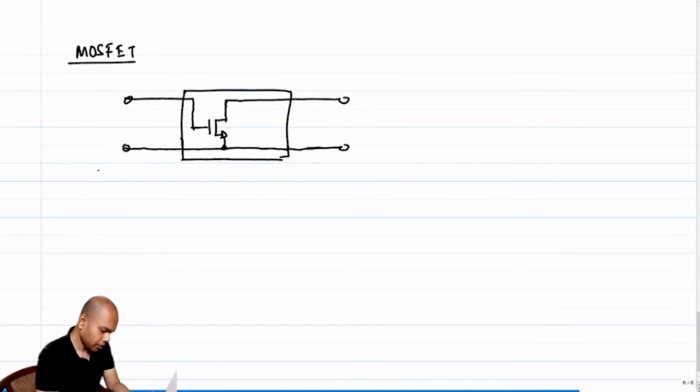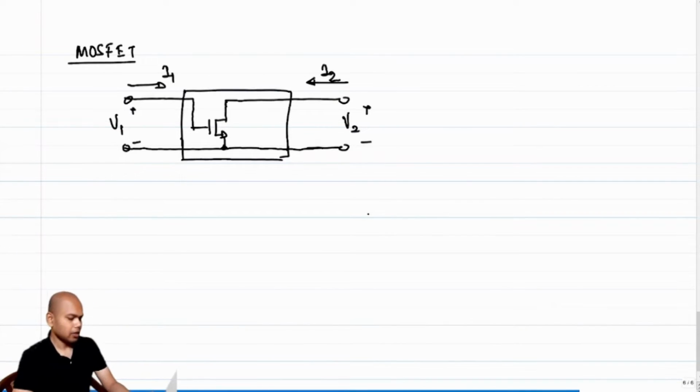We denote this terminal as V2, this terminal as V1, and this current as I1 and this current as I2. Don't bother about the particular symbols as of now, but we simply denote these currents and voltages as I1, I2, V1, V2 as shown here.